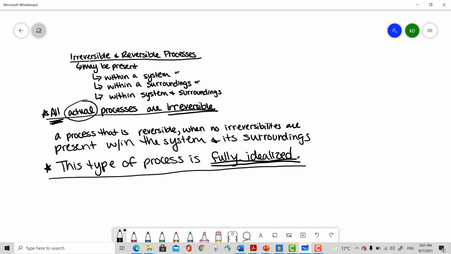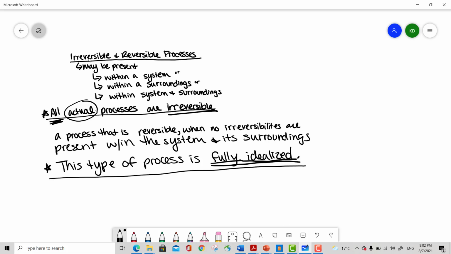So when you look at it that way, when I'm talking about a reversible process, that's when we say this type of process is fully idealized, because you can see how this is never attainable. Even if you had a cup of coffee and you mixed creamer in, and then it spontaneously unmixed, you would still have an effect on the surroundings and on the system.